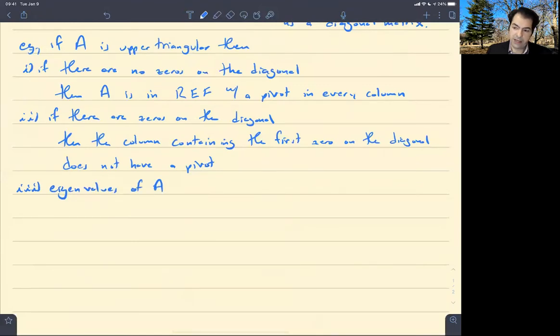The eigenvalues of A are precisely the diagonal entries of A. Okay, so one necessary condition for a matrix to be similar to an upper triangular matrix is that it have eigenvalues, right? Because once you get to upper triangular, the elements on the diagonal are going to be eigenvalues.